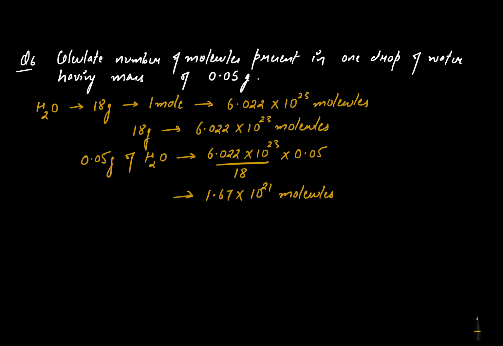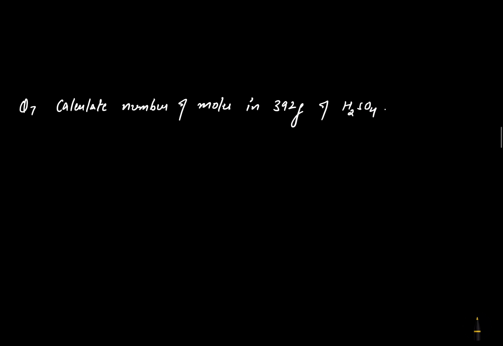So this was the sixth numerical. I have evaluated the number of molecules that are present in 0.05 gram of water. Hopefully you got this numerical. Let's move to the seventh one.